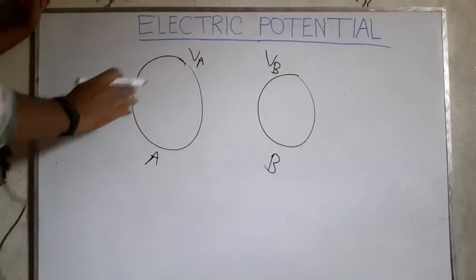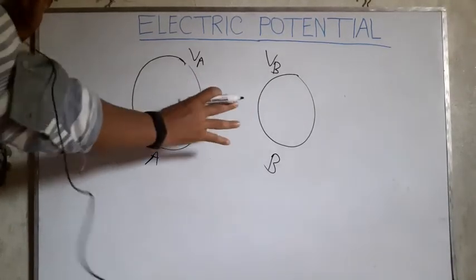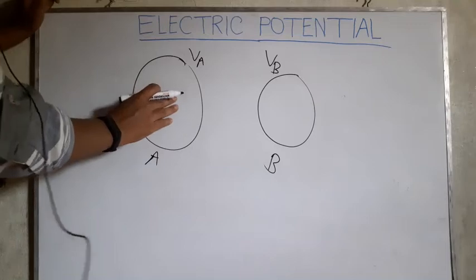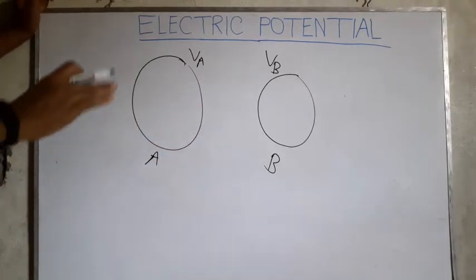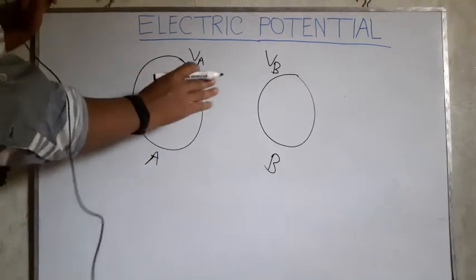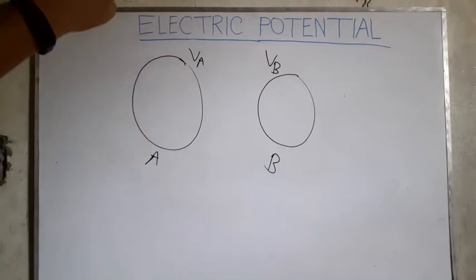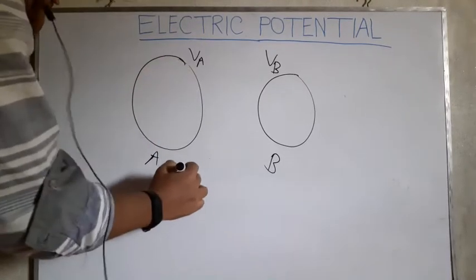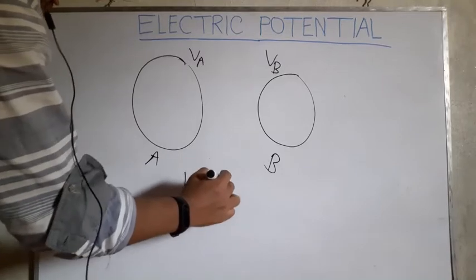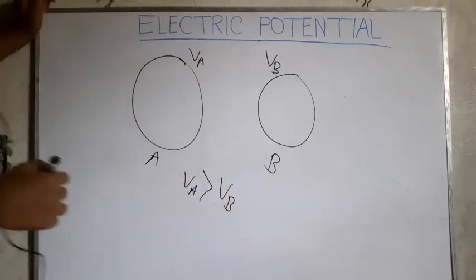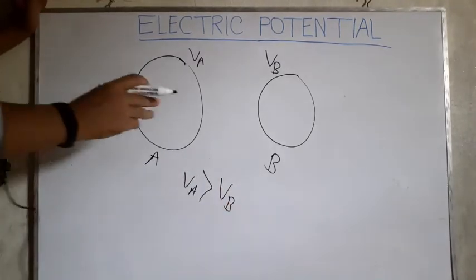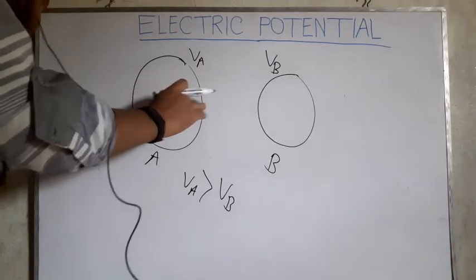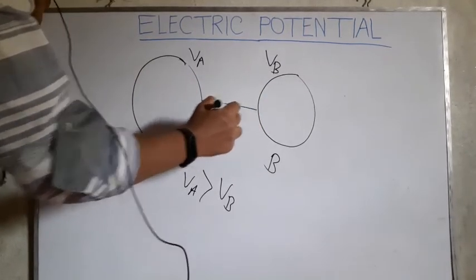If we touch these two charged bodies, then the charge will flow from the higher potential body to the lower potential body. Suppose here VA is greater than VB. Therefore, the charge will flow from body A to body B.